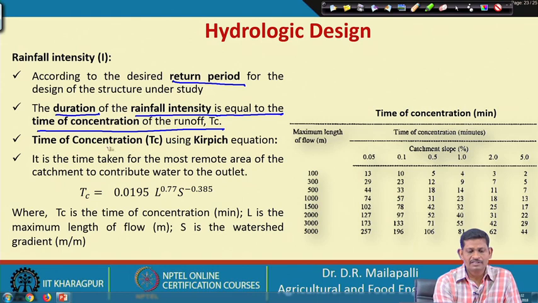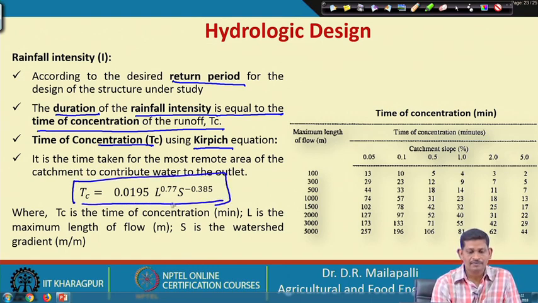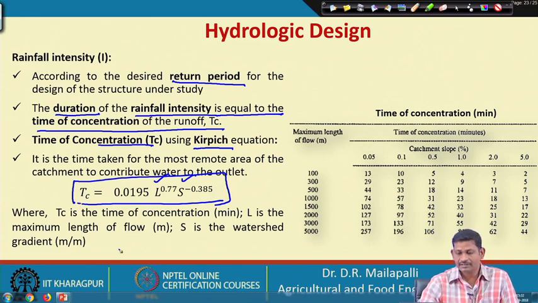Generally, for estimating the time of concentration, we use the Kirpich equation, where Tc is a function of the drainage length and slope. This is the famous equation, and you can remember it, or you can translate the same equation into tabular form.